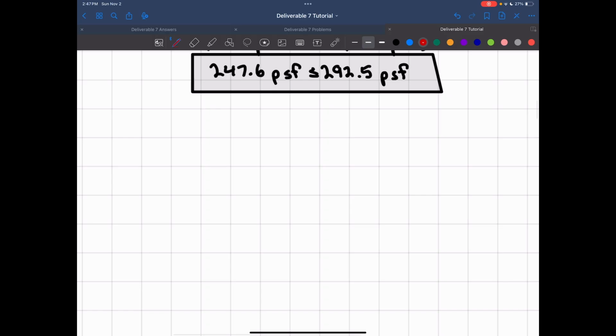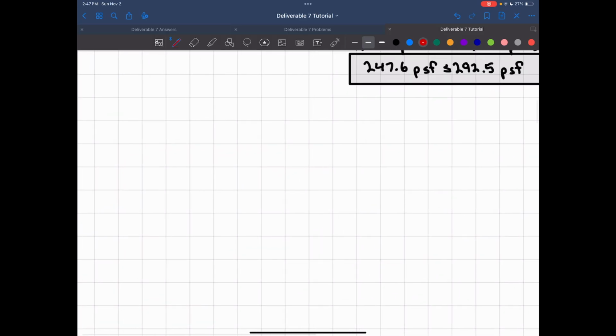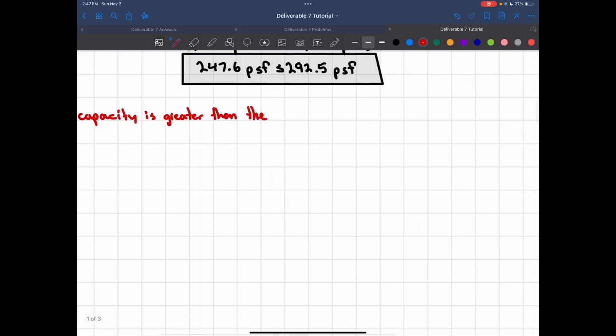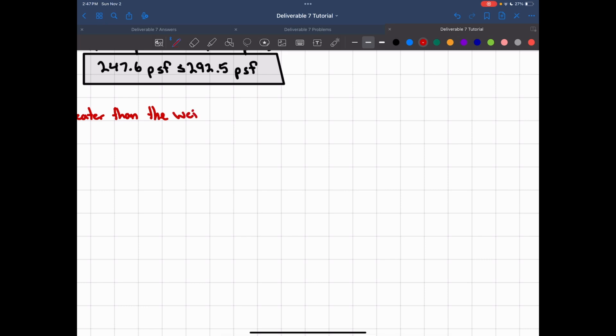So, for example, I can write here, our soil bearing capacity is greater than the weight of the concrete slab. Therefore, design passes.